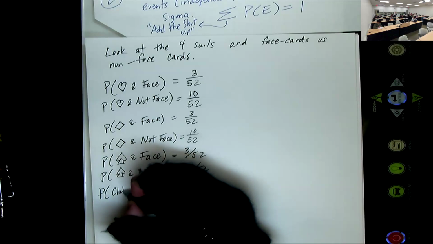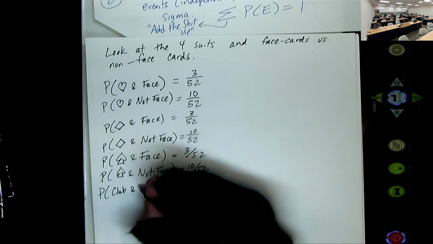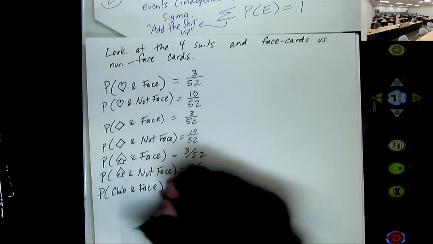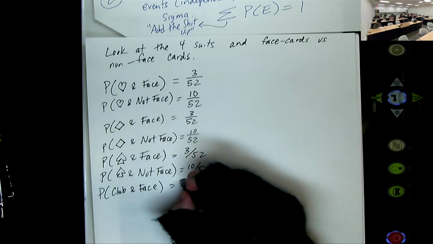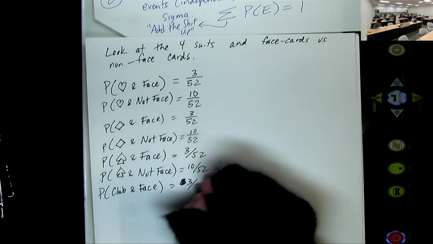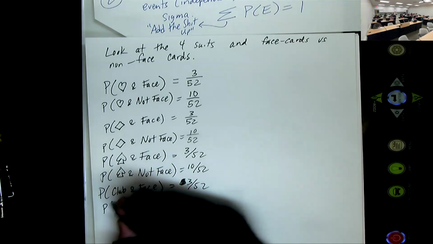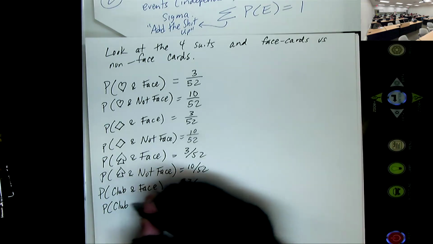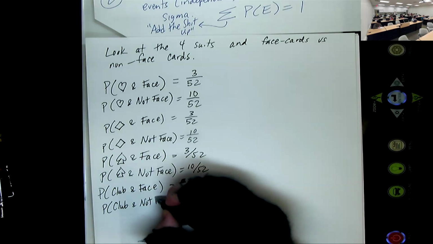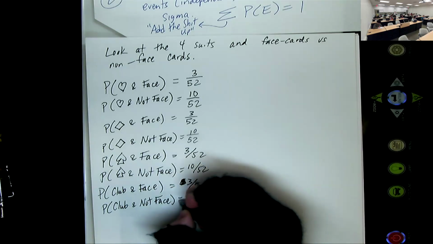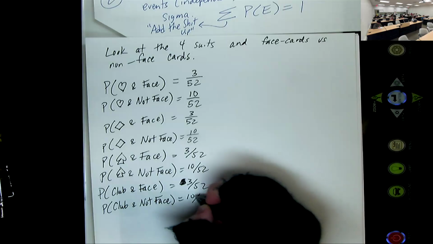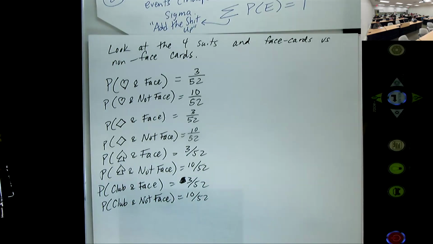My clubs always look bad when I draw them, so I'm gonna just say club and ace. That covers every single card in the deck.